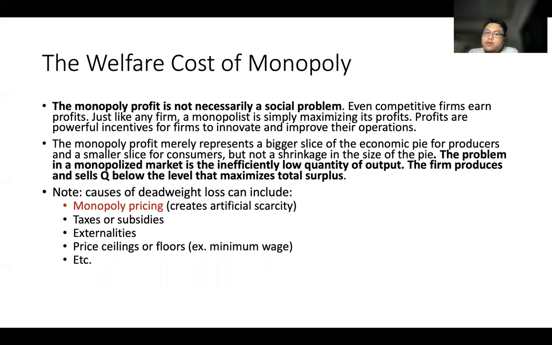The problem in a monopolized market is an inefficiently low quantity of output. The firm produces and sells below the level that maximizes total surplus. Note that it's not only monopoly pricing that can induce deadweight loss, but also taxes or subsidies, externalities, price ceilings or floors, etc.